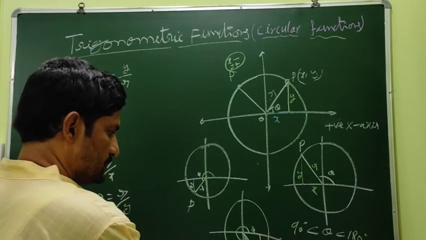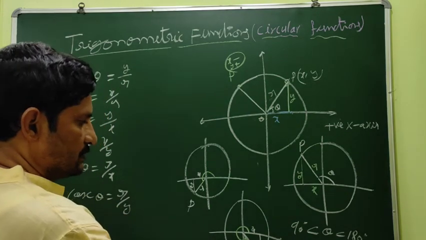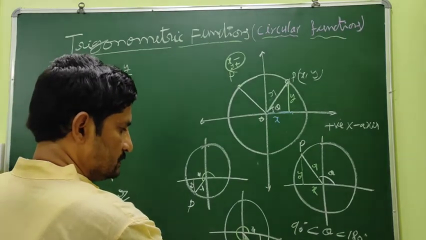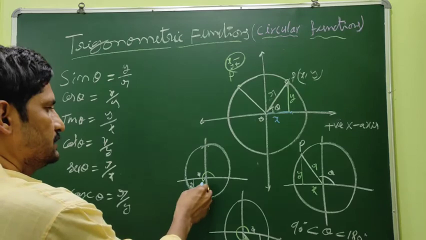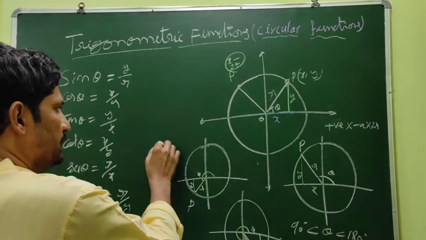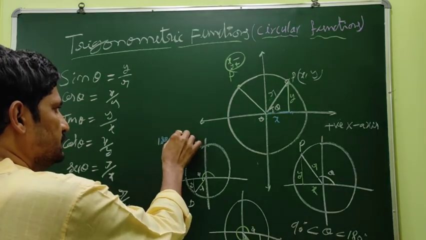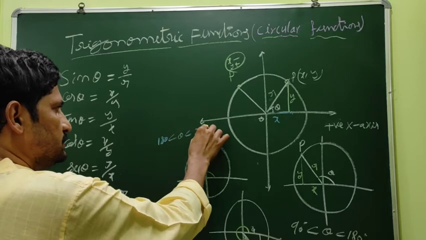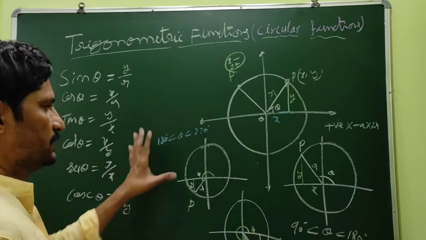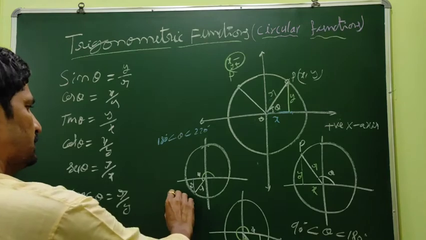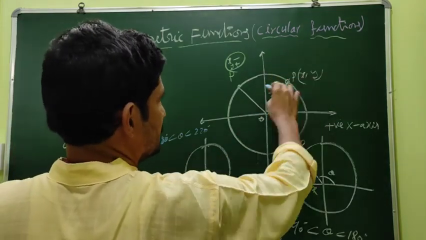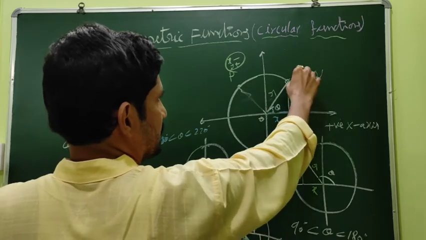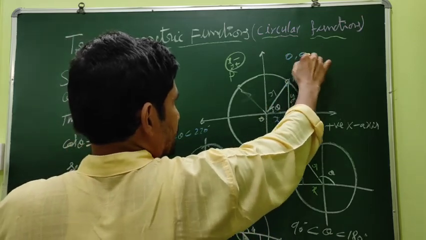Here 270 degrees, theta 360 degrees. Here theta is more than 180, less than 270 degrees. That is for the third quadrant. It is for the first quadrant. See, the first quadrant is 0 to 90 degrees.